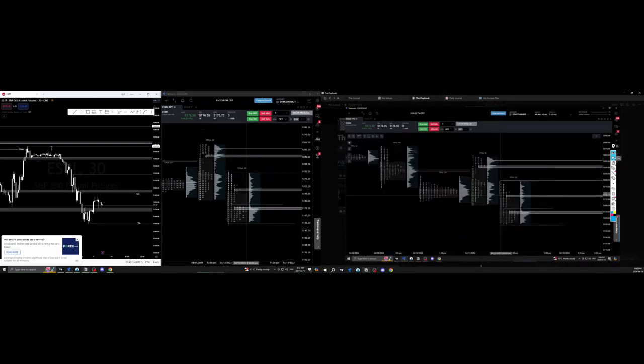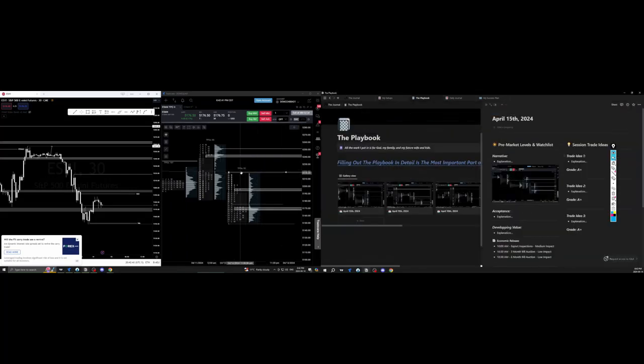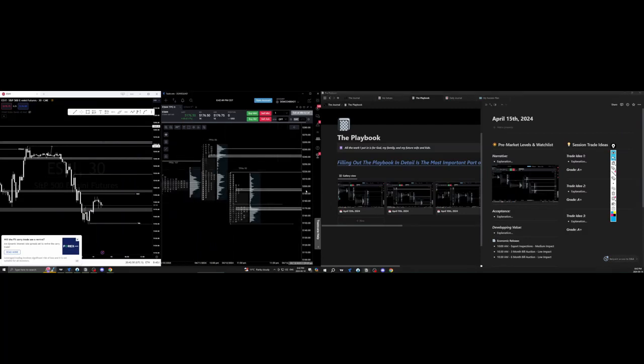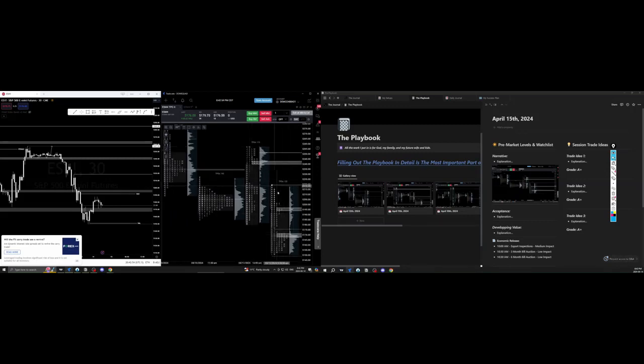Two minutes ago it was not a single print. Price has not traded up there yet. Price is all the way down here at 76. This is where price is. That is not possible. I don't know why I did that, but there we go. Now it's back to normal.